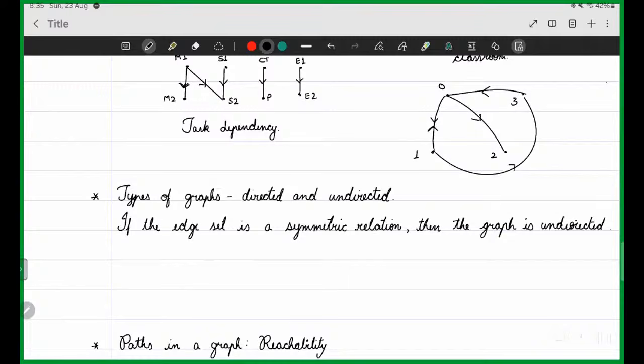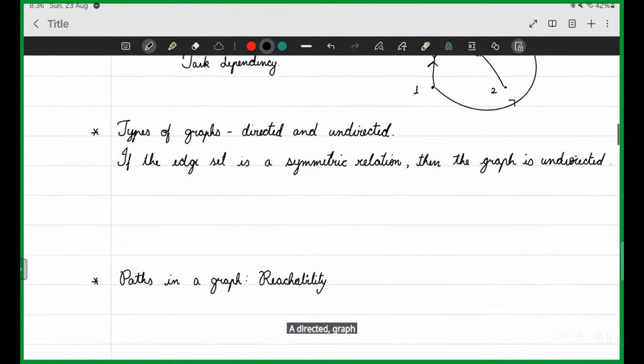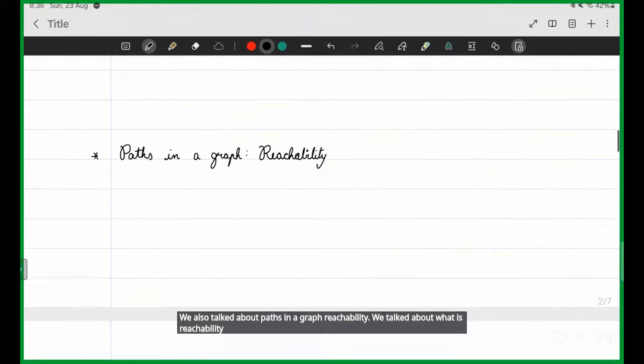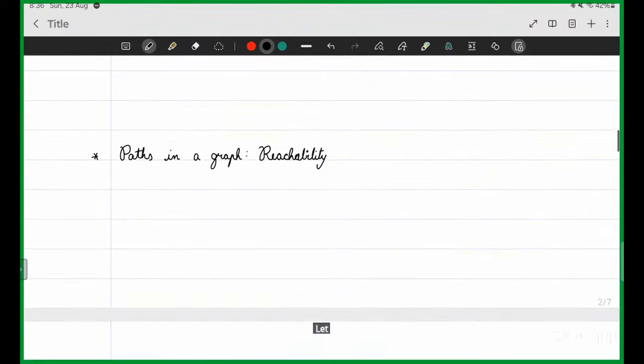Otherwise it is a directed graph, right? We also talked about paths in a graph, and reachability. We talked about what is reachability.